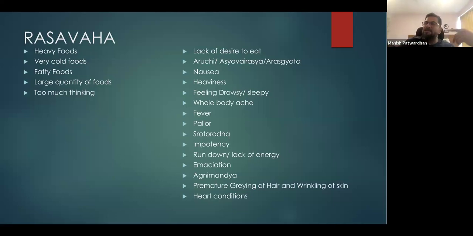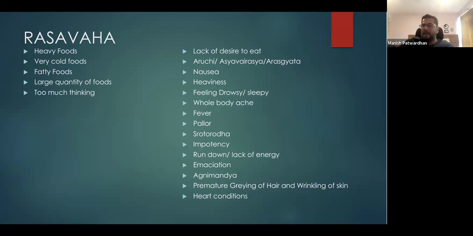Why? Because their sense organ nourishment has reduced. So they don't have the ability to process, absorb, and convert the information that is being received by the sense organs. Their focus and concentration reduces. Why? Because again, sense organs are not nourished properly.